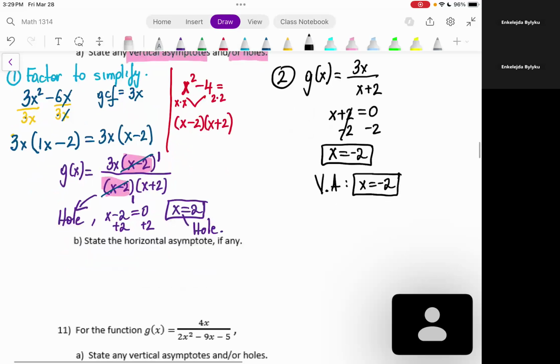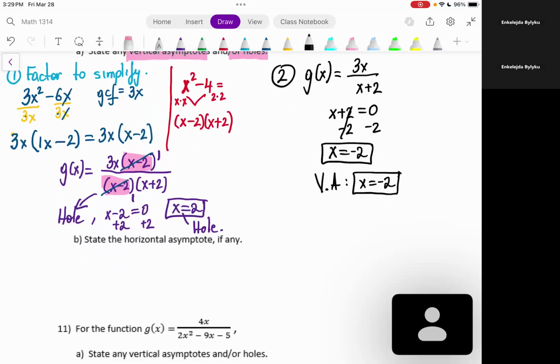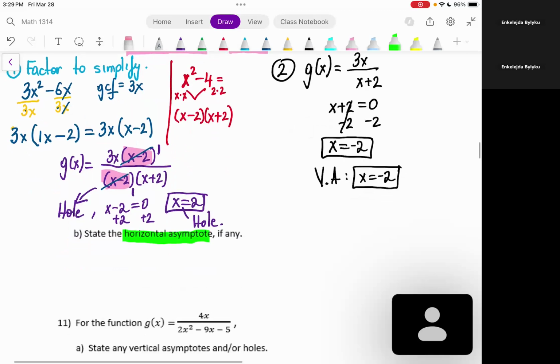The second part is asking us to state the horizontal asymptote. For the horizontal asymptote, we need to look at the degree of the numerator and the denominator. Remember, our g of x was equal to 3x squared minus 6x for the numerator piece, and then we got x squared minus 4 for the denominator.